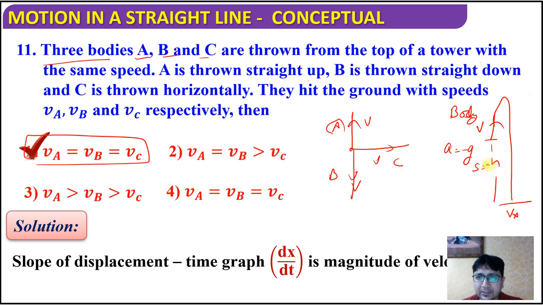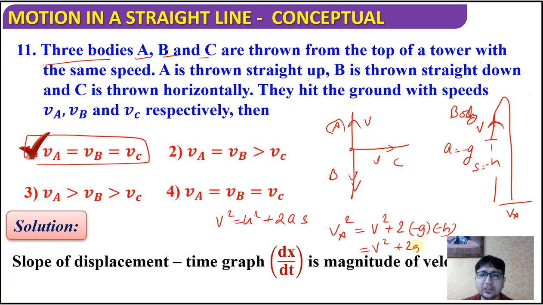Displacement will be taken as minus h, because when the body is projected upward, the net displacement is downward, as we had seen earlier. So when I apply the equation v square is equal to u square plus 2as, the velocity when it reaches the ground, VA square, is equal to v square plus 2, acceleration is minus g and height is minus h. So we get v square plus 2gh. If I take the square root, it will be this one.